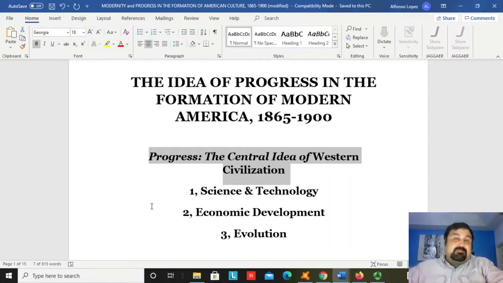And they believed that what was really going on, this idea called progress, was something that had been going on for literally since the beginning of the presence of human beings on Earth. In other words, that progress was not something that was barely happening in the 1700s, but rather they believed that progress has been going on for literally thousands and thousands and thousands of years.